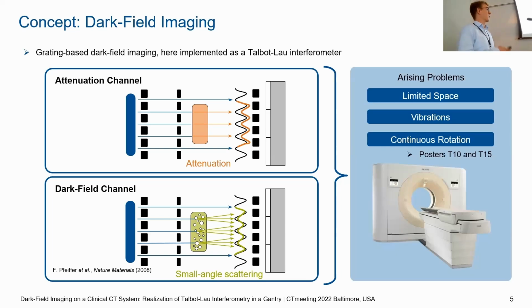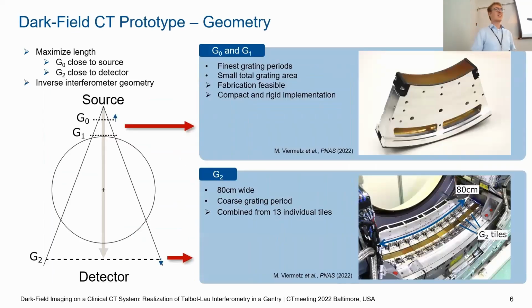I'll start with the solution for how to implement these 3 gratings into just 90 centimeters of beam path in a clinical gantry. The first step is to maximize the use of the available space, to position the first grating, this G0 grating, as close to the source, and the last grating as close to the detector, which is pretty straightforward.